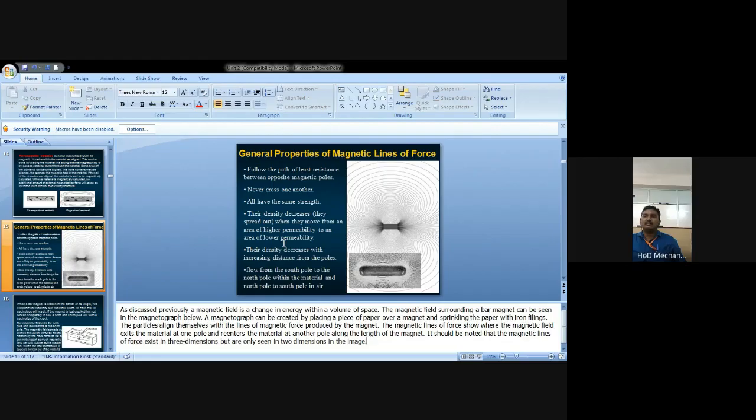They flow from the south pole to the north pole within the material and from the north pole to the south pole in the air. So that is the general property of the magnetic lines of force.